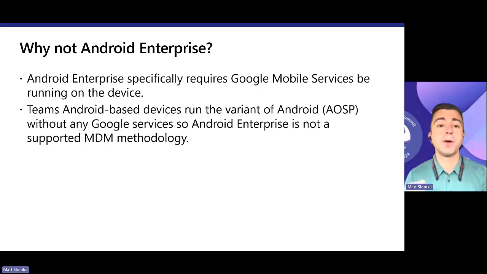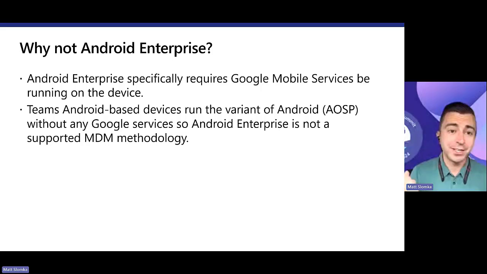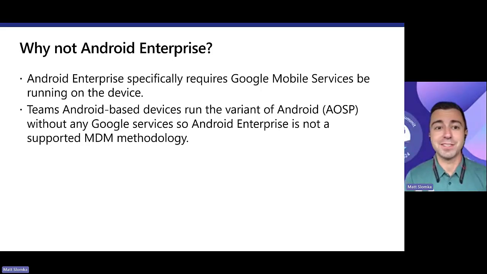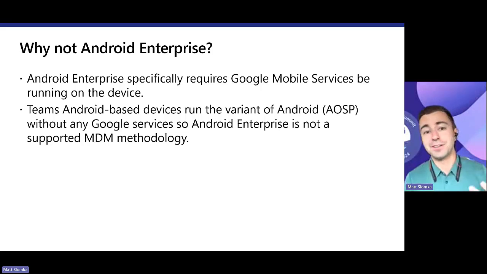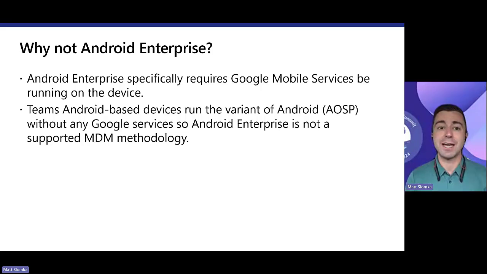The other really important thing to note is that there is a country in the world where Google isn't able to provide services, and there are about 1 billion Android devices in use by users there today. So this AOSP device management platform is used both to manage end user devices in certain countries, as well as Teams Android devices across the globe based on various needs.